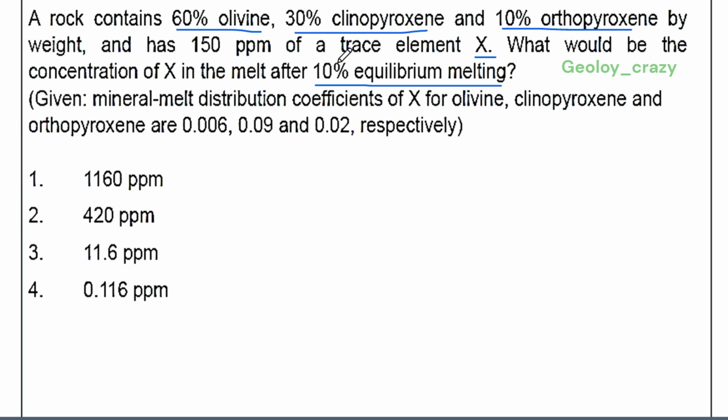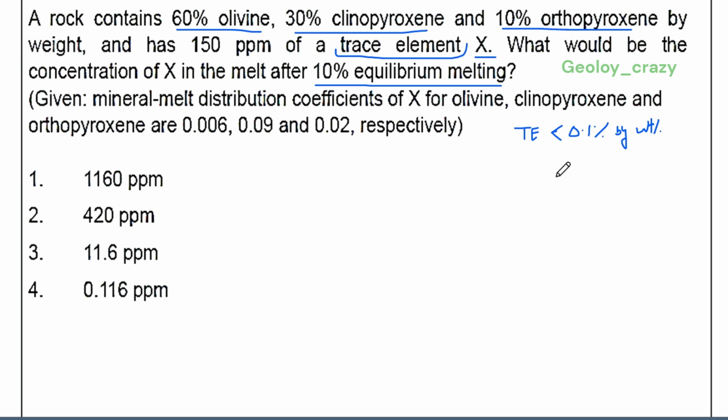First, we will understand what a trace element is. Trace elements are those elements whose concentration is less than 0.1% by weight. This is the condition for a trace element, meaning they are very rare.